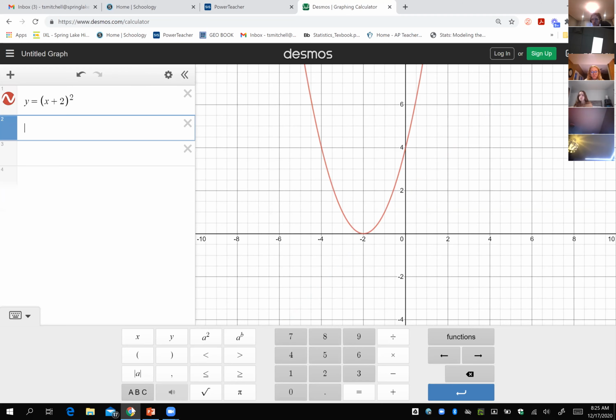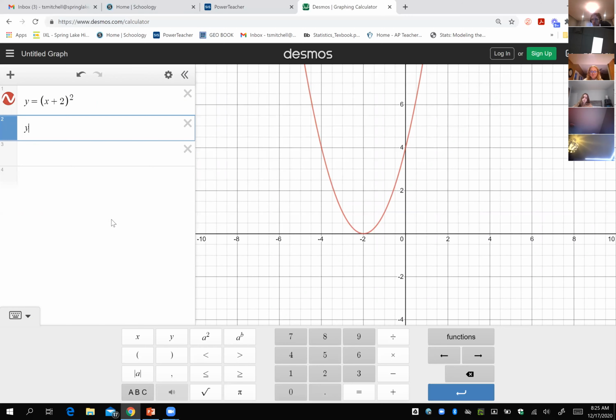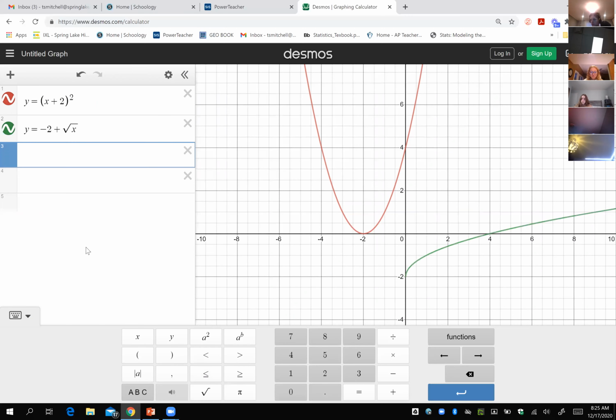And then we want -2 plus the square root of x. So that one, interesting. It's like half of a parabola, right? It's been turned on its side and it's just half of it. So if we do y equals -2 minus the square root of x, that should give us the other half.